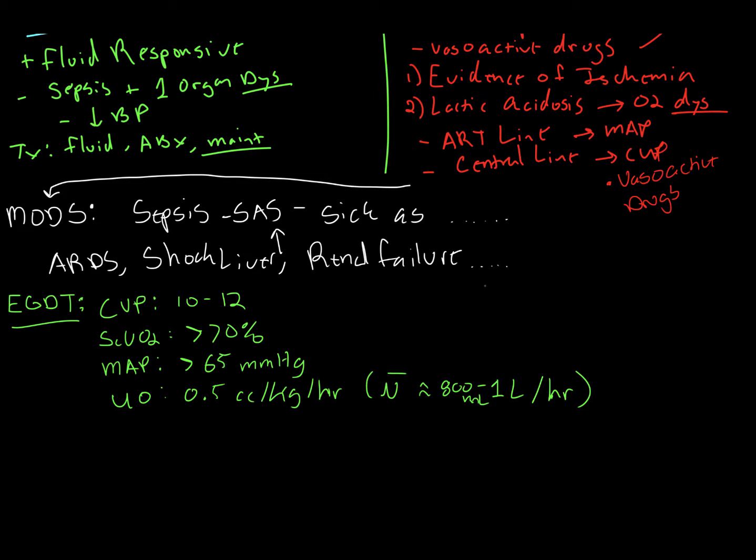Okay, so how do we do all these things? What's the point of doing this, and why do we pick these numbers? Well, first of all, a lot of studies, a lot of human studies, a lot of randomized control trials that we came up with these values that were like, okay, this is the minimum we need for these patients to survive. This is what we need to target to. 1, make sure we have preload, right? So fluid resuscitation goals. 2, make sure we are providing oxygen.